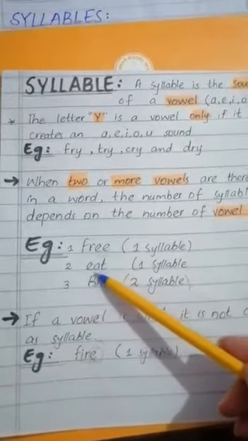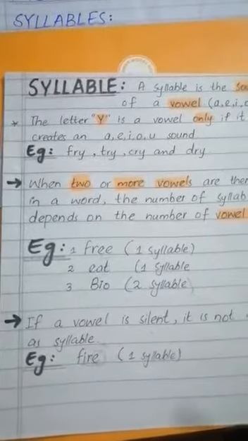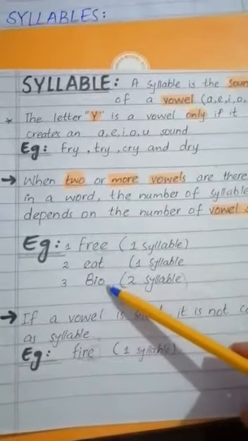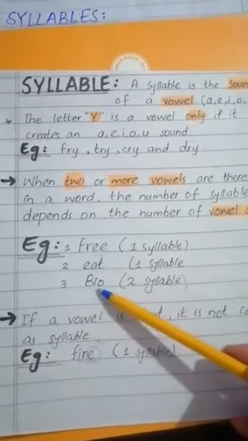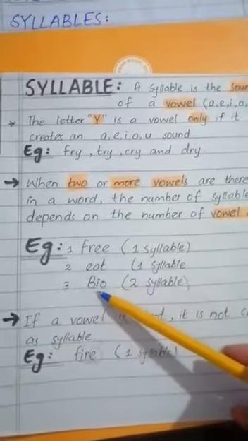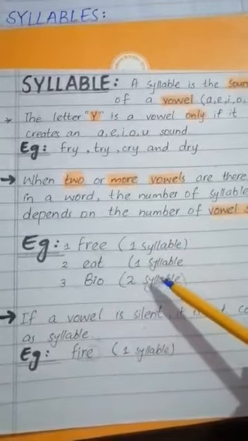Eat, you can see 2 vowels, but eat is producing only 1 syllable sound, which is E, so it is 1 syllable. Then bio, you can see I, O, both are vowels, and it creates a sound of I and a sound of O, so that is why it is 2 syllables.